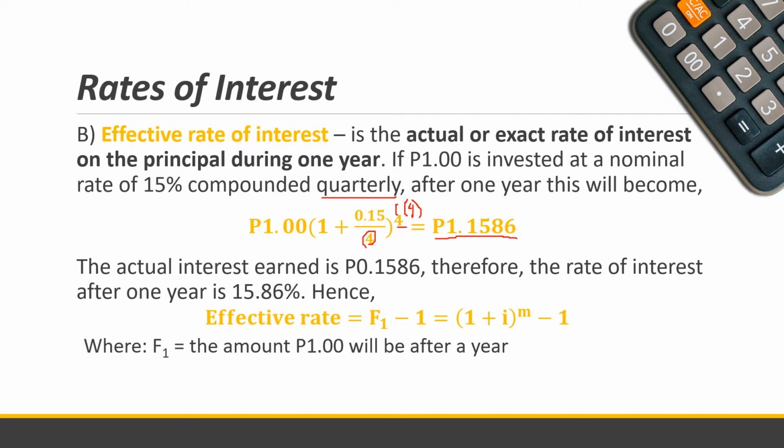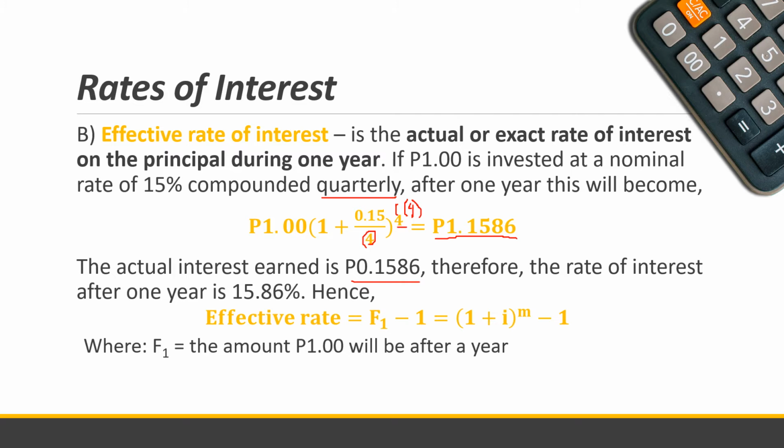The actual interest earned is 0.1586. The rate of interest after 1 year is 15.86%, which is the rate of interest that the 1 peso earned.